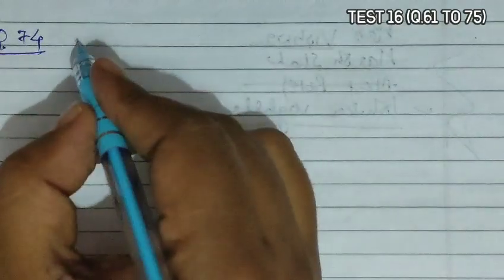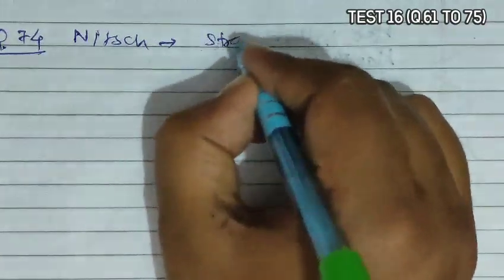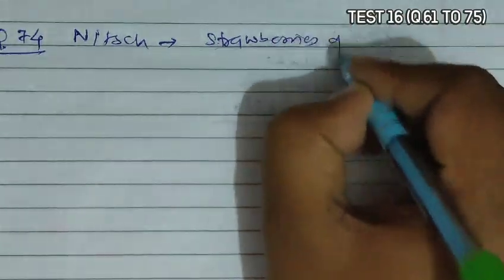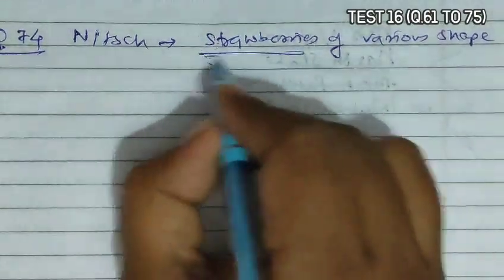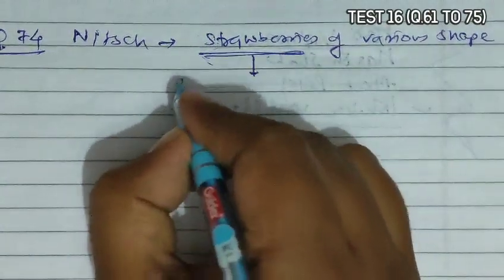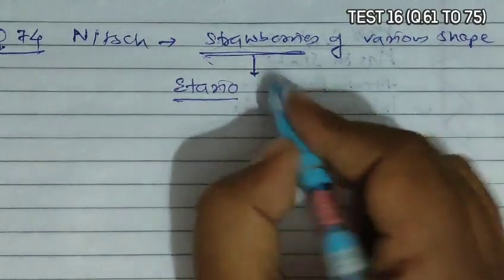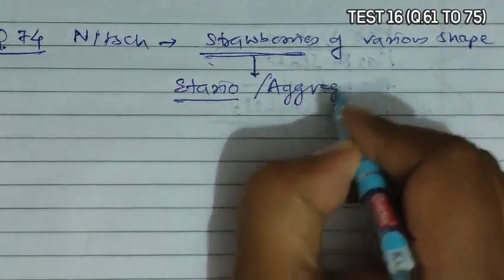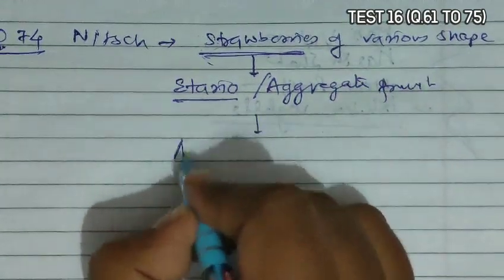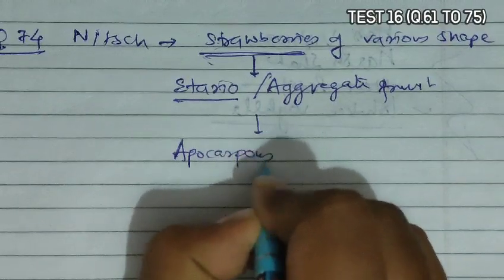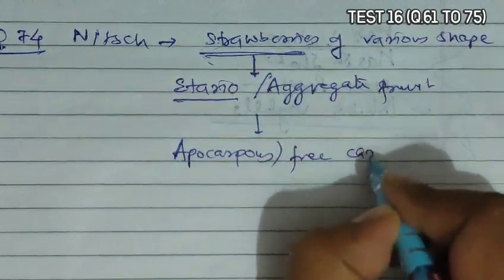Question 74 asks that Nist was able to get strawberries of various shape. Now in strawberries there is a specific type of fruit that is known as etaerio, or aggregate fruit. And this aggregate fruit is formed by the apocarpous or free carpels of a gynoecium.